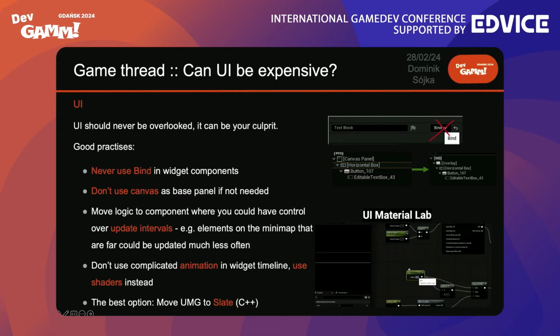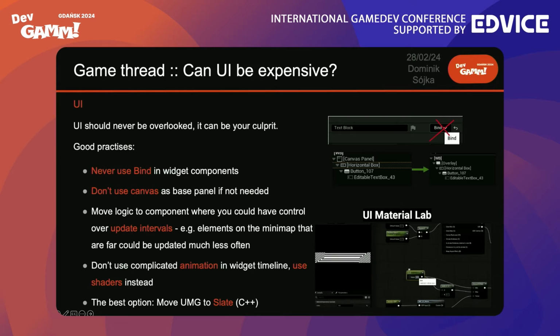And in the older version of Unreal, before Unreal Engine 5, the canvas was the basic panel for every UI. And that's not wise when it comes to performance. So use, for example, overlay instead of the canvas.